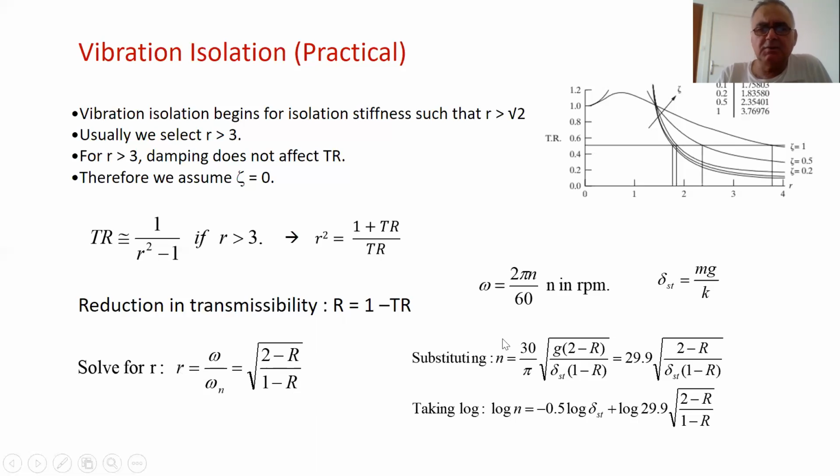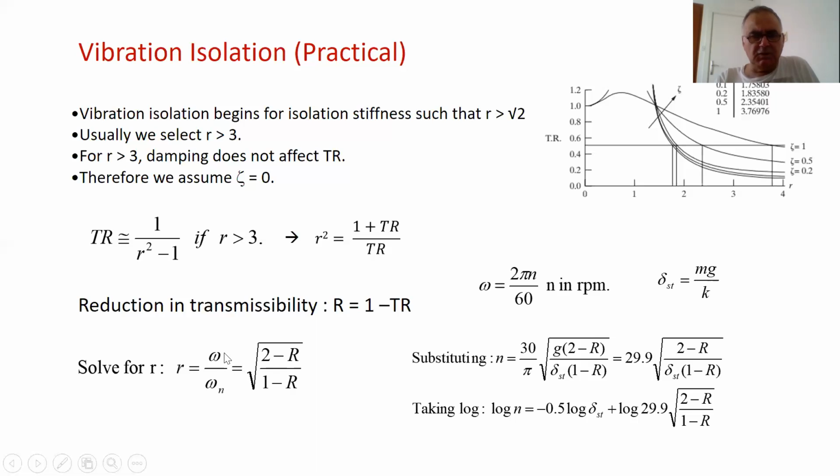Now, since we are doing practical work here, we use omega in terms of RPM, and we usually use the static deflection in terms of mg over k, k being the spring constant of the system. M is the mass of the system, and g is gravity.